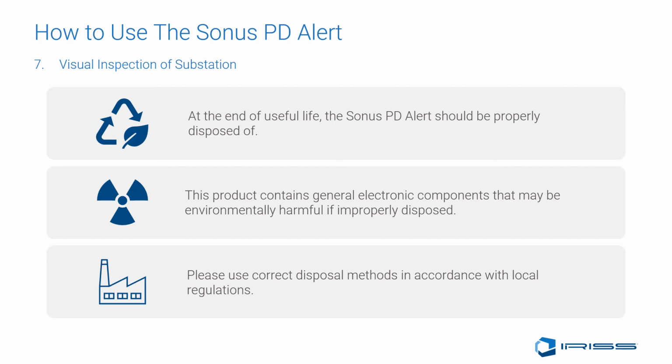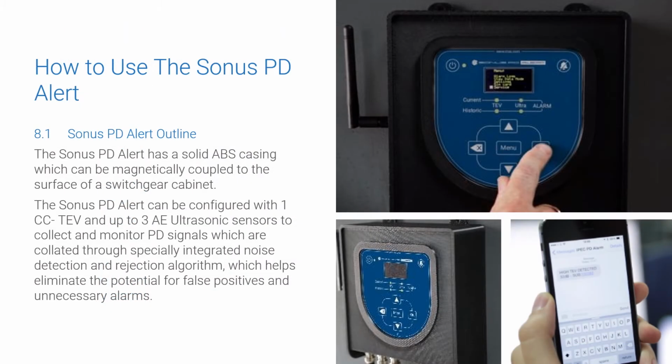Section 7. Environmental Protection. At the end of useful life, the Sonos PD Alert should be properly disposed of. This product contains general electronic components that may be environmentally harmful if improperly disposed. Please use correct disposal methods in accordance with local regulations. Section 8.1 Sonos PD Alert Outline.